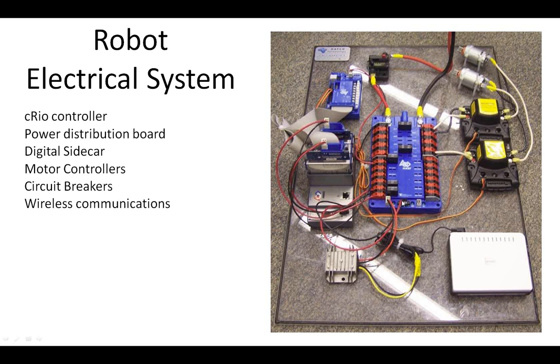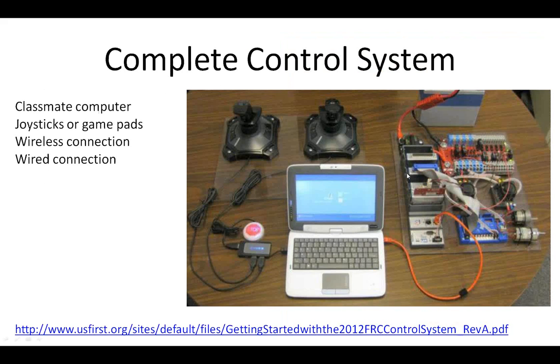You can actually turn this on, and if you use the control system, this is a slightly different version of the exact same thing. So this is the complete control system. There's the stuff that goes on the robot, and you don't have to design any of this. We give you the parts. You just need to figure out how to connect it up and wire it and make it work with the software.